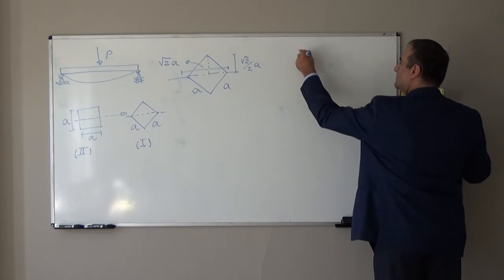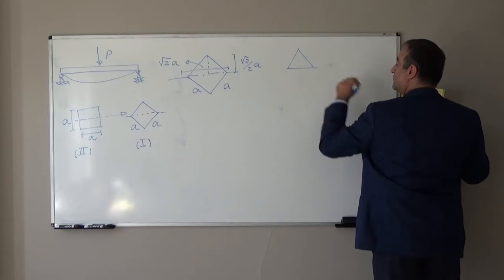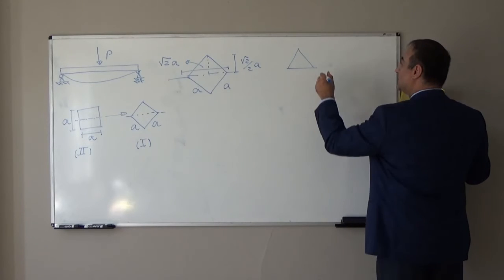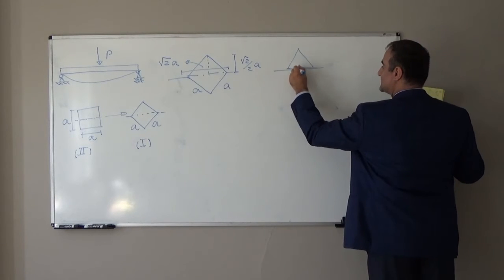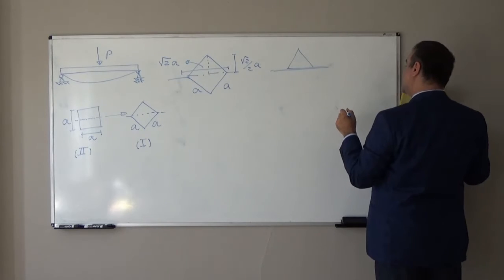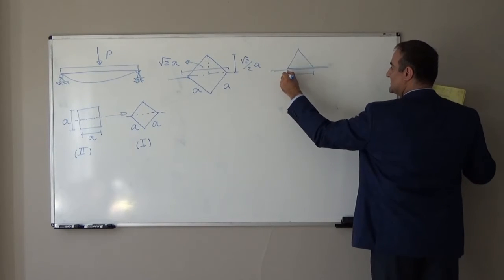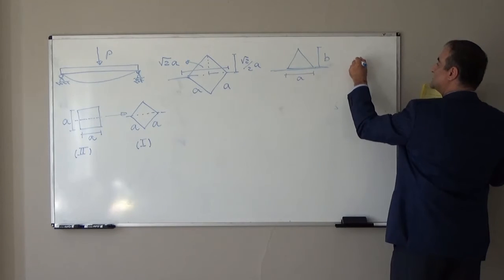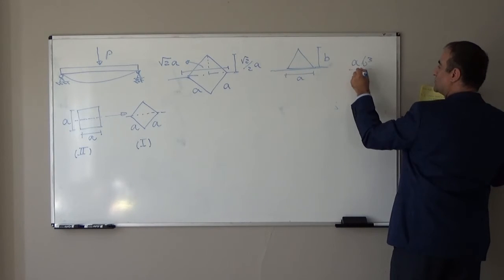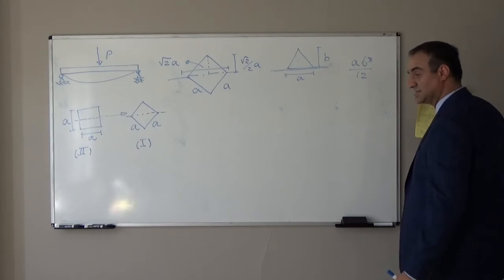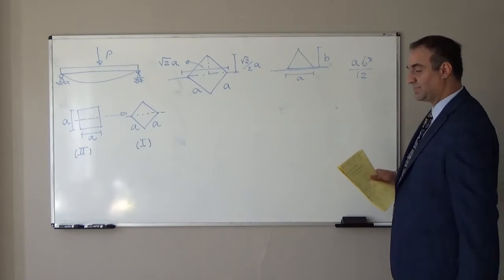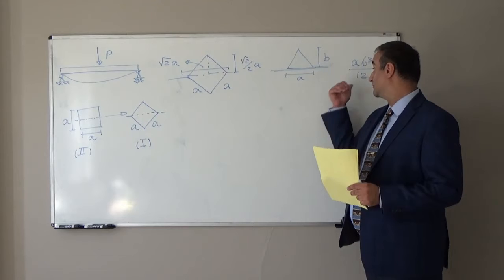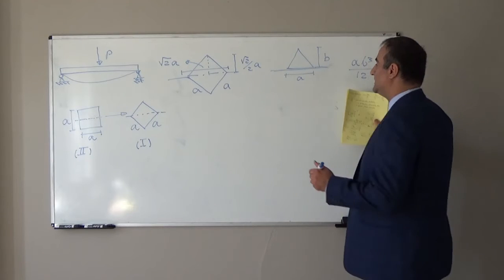We should know the moment of inertia for a triangle with respect to the axis that passes through the base. If this is A, this is B, it is A, B cube over 12. We can calculate this, and if you look at the appendix in the statics book, you will find that here.